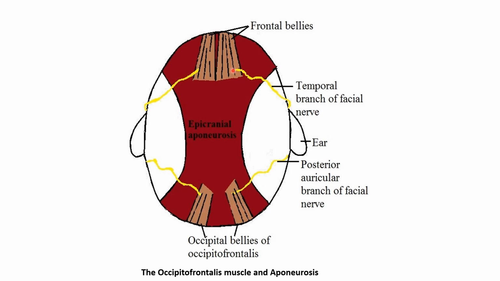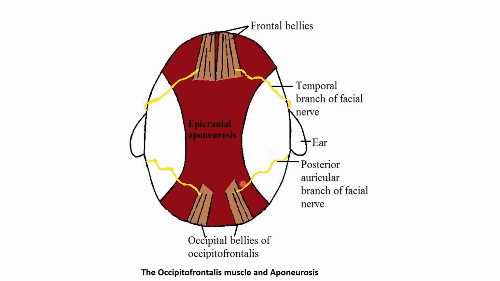The frontal bellies are supplied by the temporal branch of facial nerve. So we say the frontal belly of occipitofrontalis muscle is supplied by temporal branch of facial nerve, while the occipital belly of occipitofrontalis muscle is supplied by the posterior auricular branch of facial nerve.